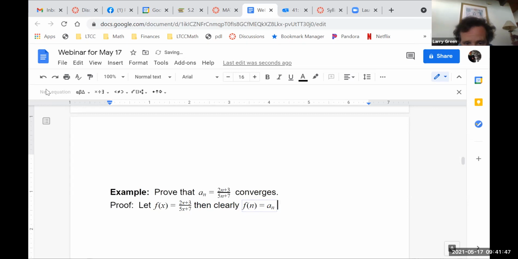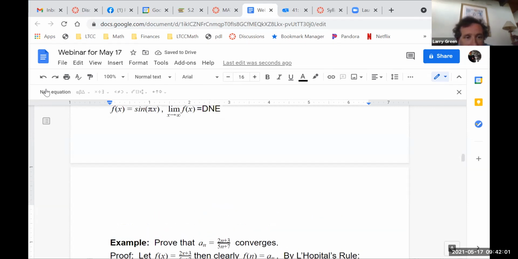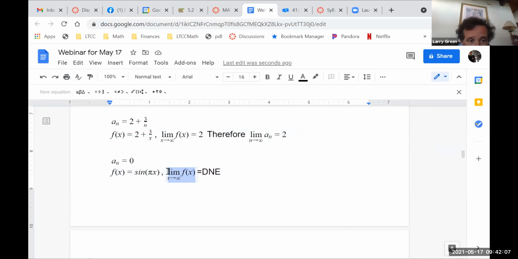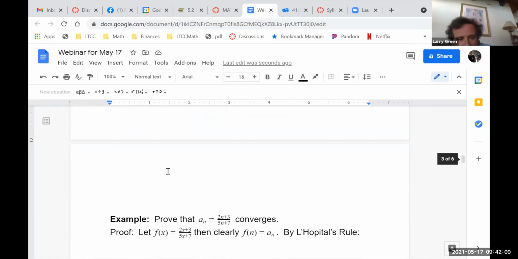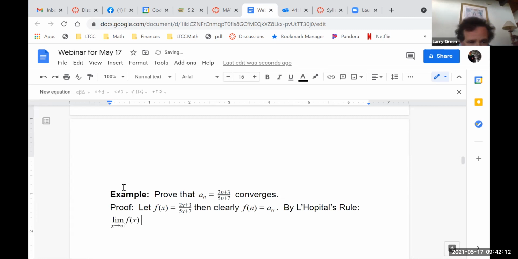But then by L'Hopital's rule, the limit as x goes to infinity of 2x plus 3 over 5x plus 7.